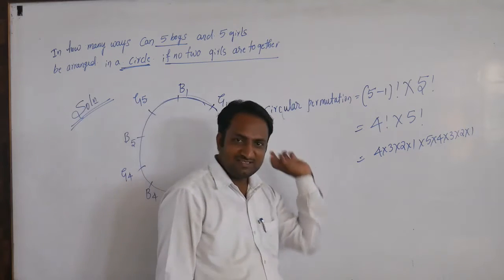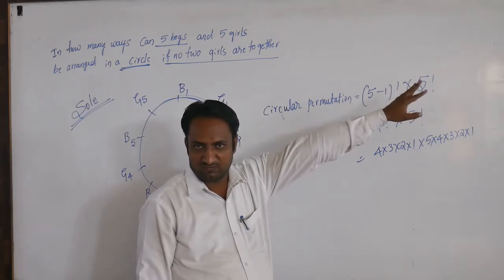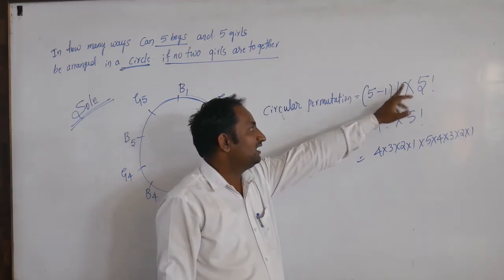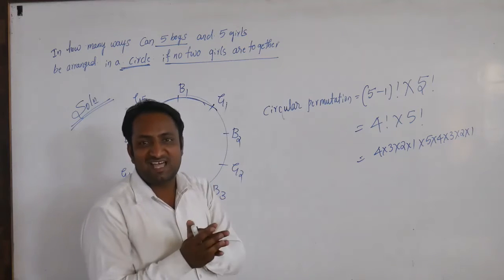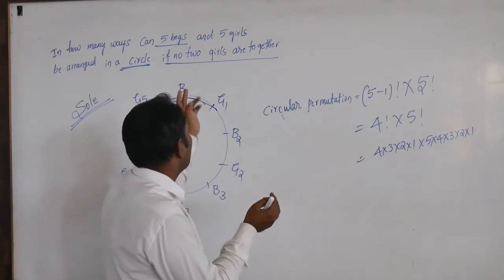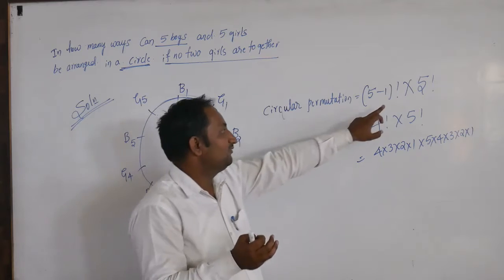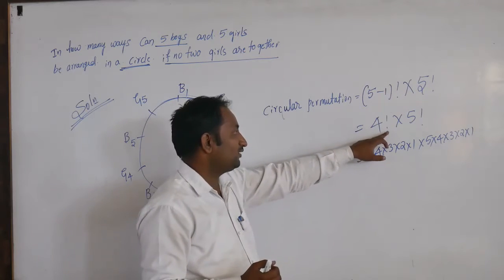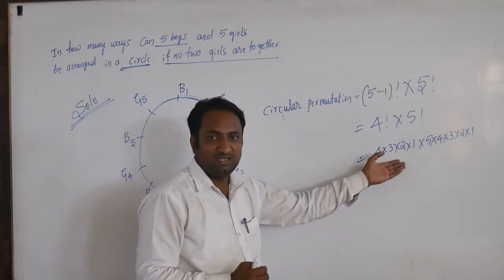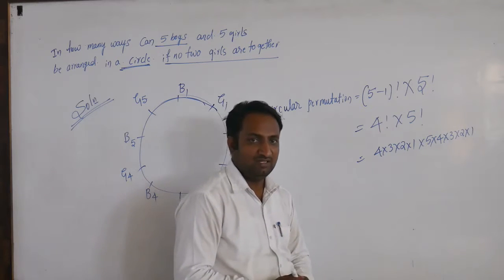The boys' arrangement is 5 minus 1 factorial. In those arrangements, no 2 girls are adjacent, and the girls can be arranged in 5 factorial ways. Multiplying 4 factorial into 5 factorial, we get our result.